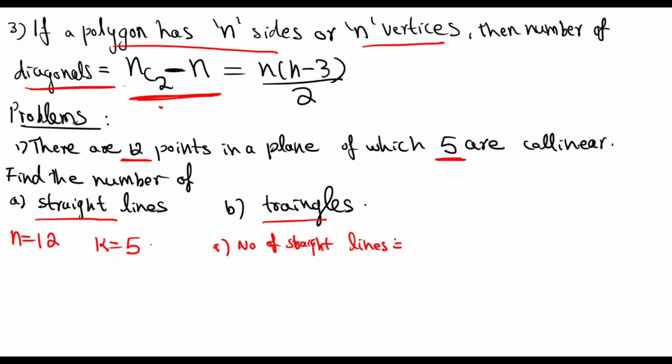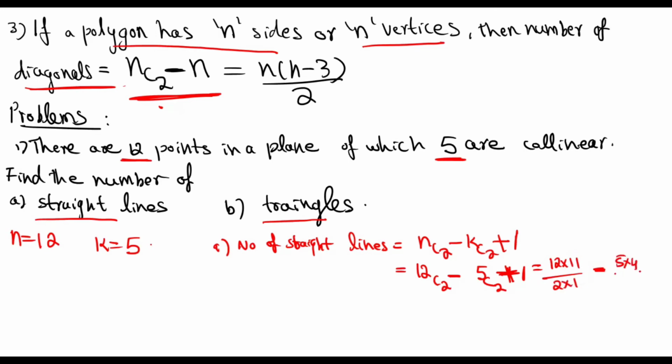Take the first question, that is, the number of straight lines is equal to, what's the formula? The formula is NC2 minus KC2 plus 1. The n value is 12, so 12C2 minus K is 5, 5C2 plus 1. Now simplify this. How to calculate 12C2? 12 into 11 divided by 2 into 1, minus 5C2, that is 5 into 4 by 2 into 1, plus 1. 2 ones are 2, 2 sixes are 66.